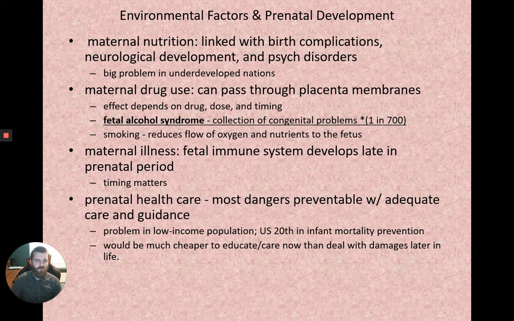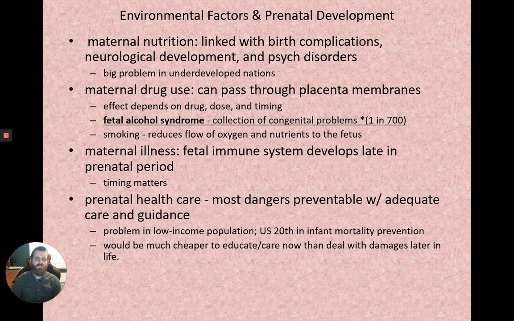You've got drug use. Drugs are not filtered through the placenta. So if a pregnant woman is using drugs, whether that is actual drugs and alcohol or pills, anything that's impacting her bloodstream is going to go to the fetus. That is what the placenta does. It is a two-way street, and it does not filter out drug use.